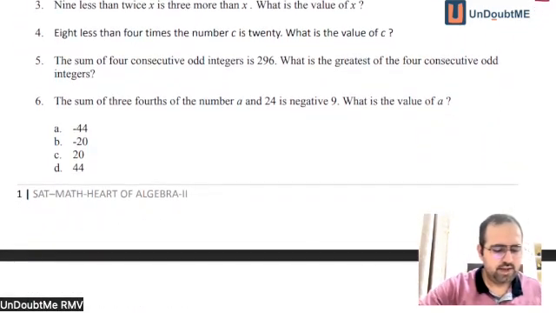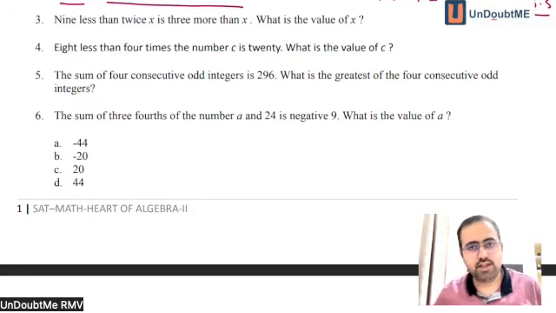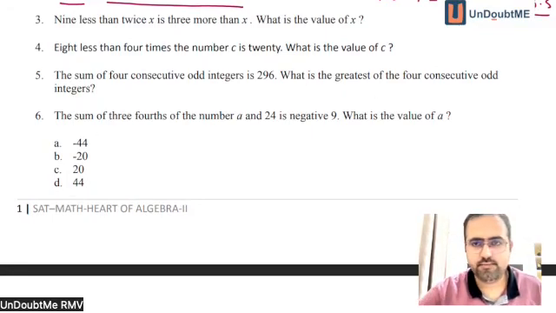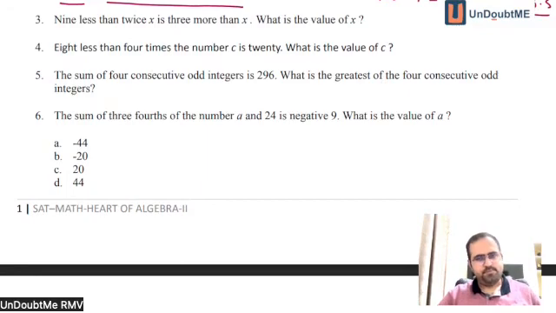9 less than twice x is 3 more than x. Tell me the equation. 9 minus 2x is equal to 3 plus x plus 3. 9 less than twice x.